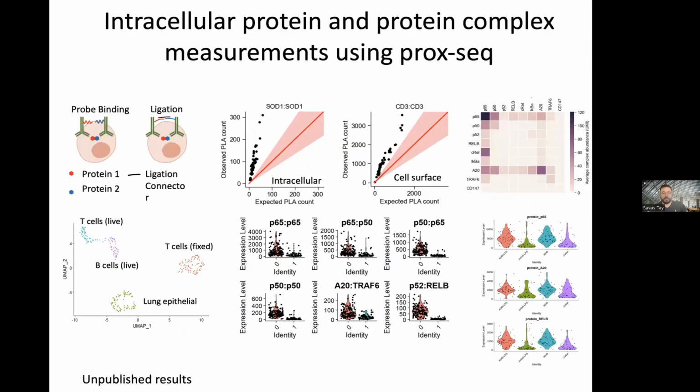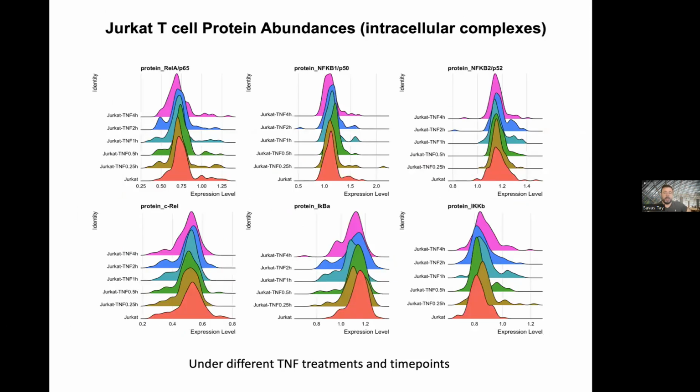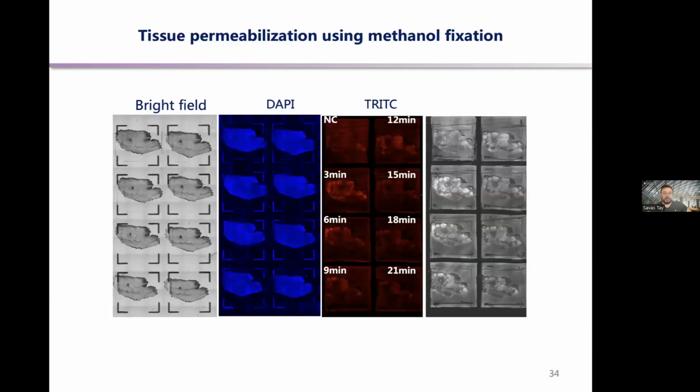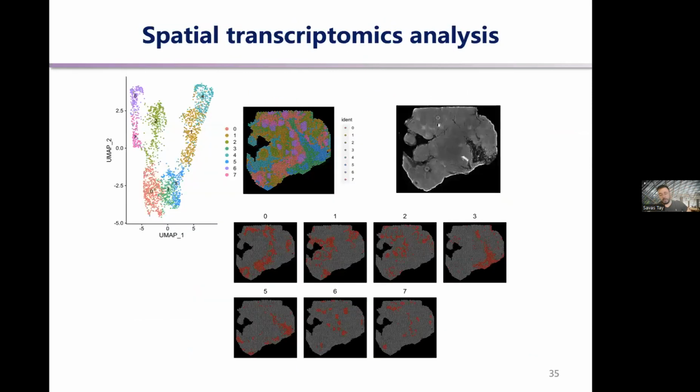Okay, so this is all I will say about the published paper. Recently, we developed new methods. Hopefully, we will describe this in a paper soon, where we can also go into intracellular proteins and protein complexes, not only the ones on the cell surface, but also intracellularly, and measure various target proteins, which is very important. Moreover, we can also measure these things in a spatial context.